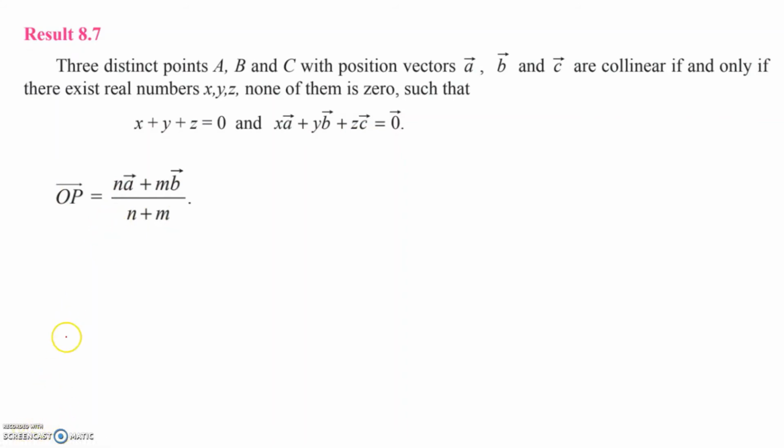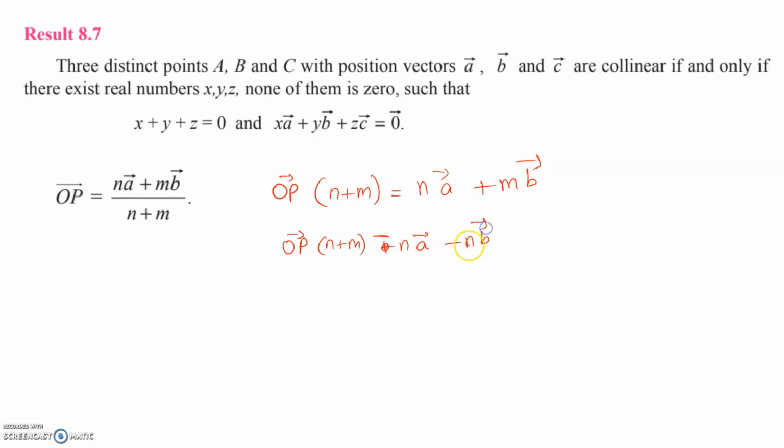So we can write OP vector into n plus m is equal to n A vector plus m B vector. Rearranging this, OP vector into n plus m minus n A vector minus m B vector is equal to 0.